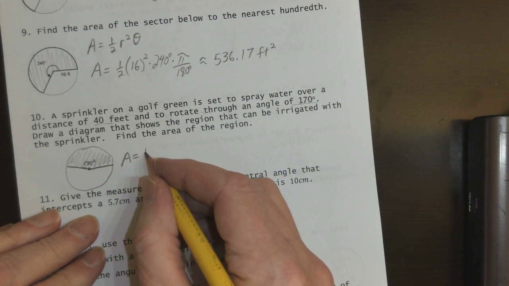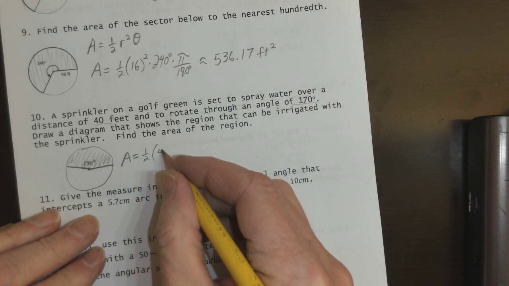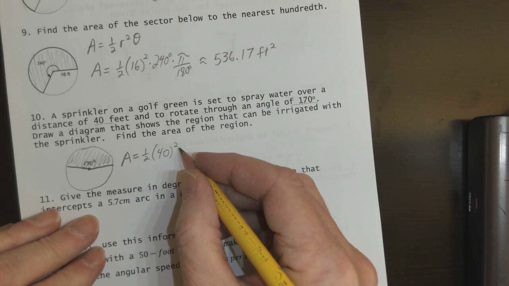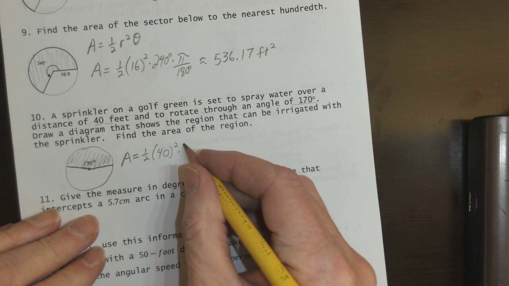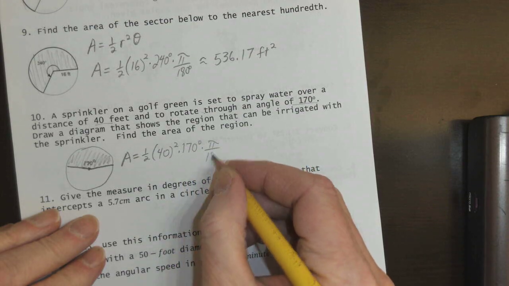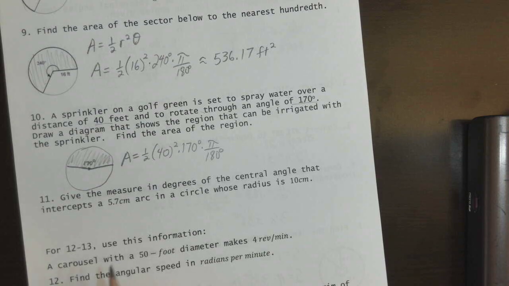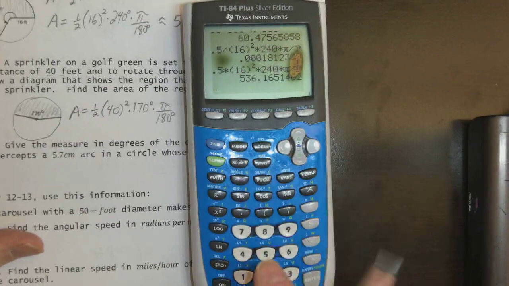And we're going to take 1/2 times 40 squared times 170 degrees times pi over 180 degrees. I think I can just change a few numbers in the last.